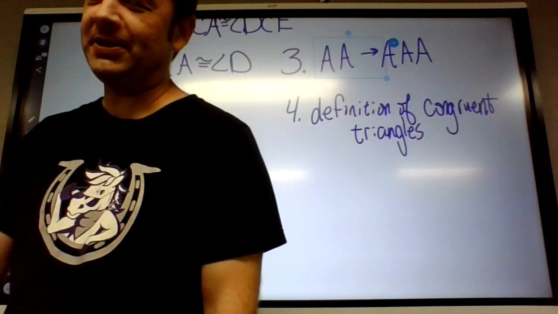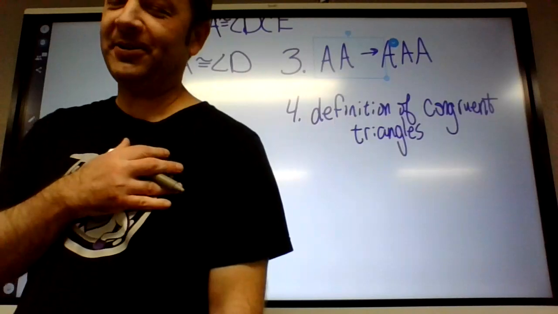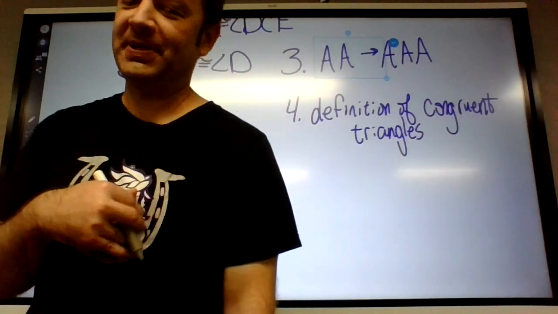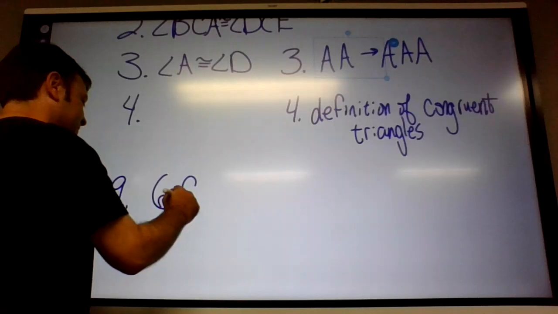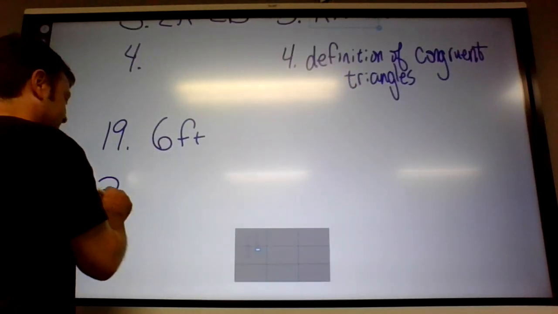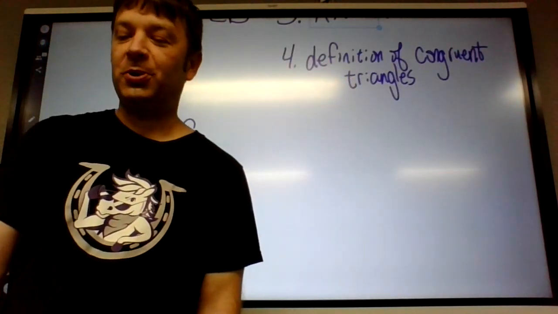Number 19, AC. How long is AC? 6, because it matches the triangle on the right. So it's got to be 6 feet long. Okay, 21.